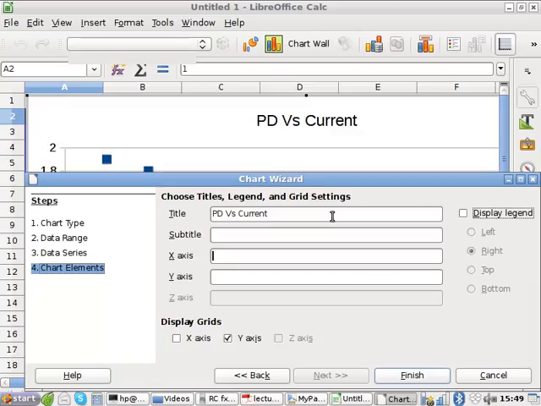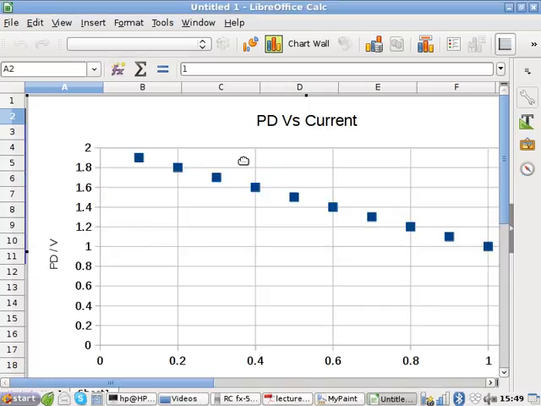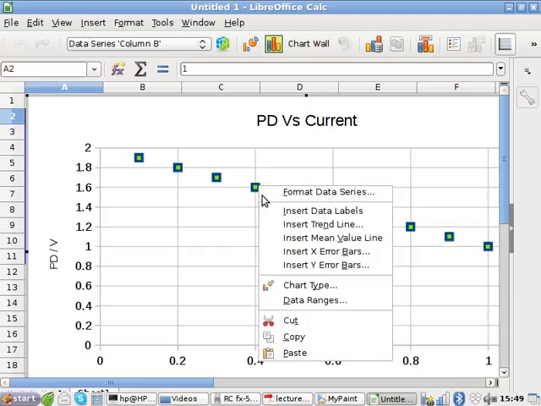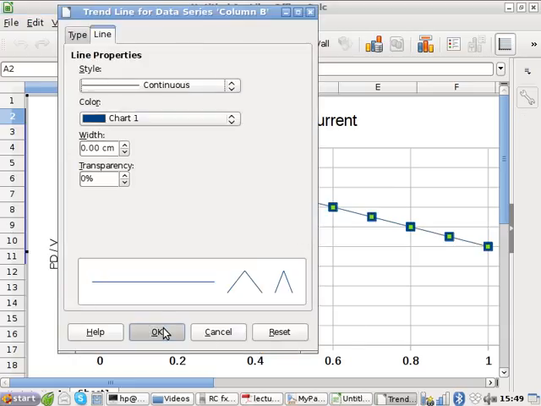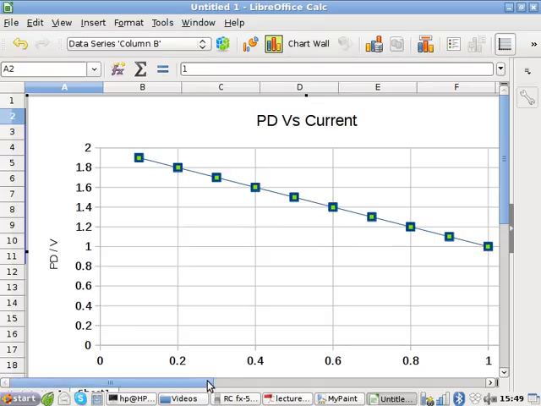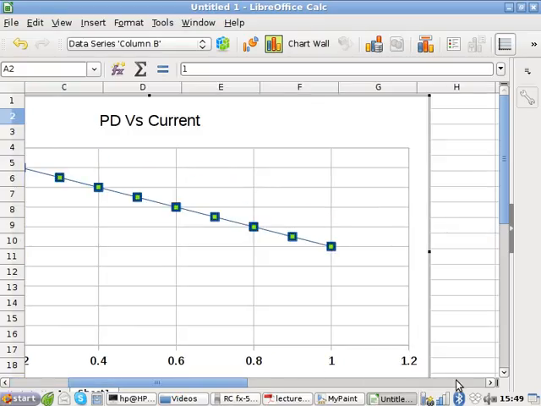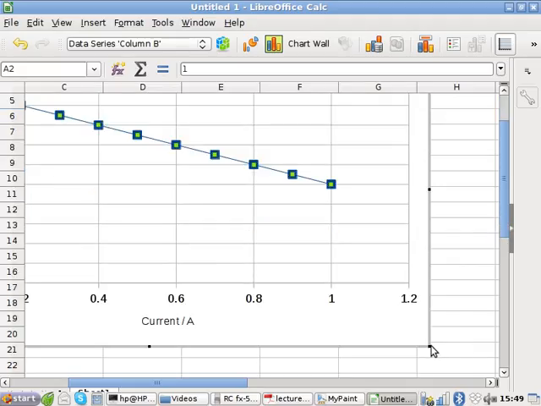The x-axis is current in amps and the y-axis is potential difference in volts. And here's the graph. What does the slope represent here? Minus R. So let's calculate the slope. We'll go with y2 minus y1 over x2 minus x1.